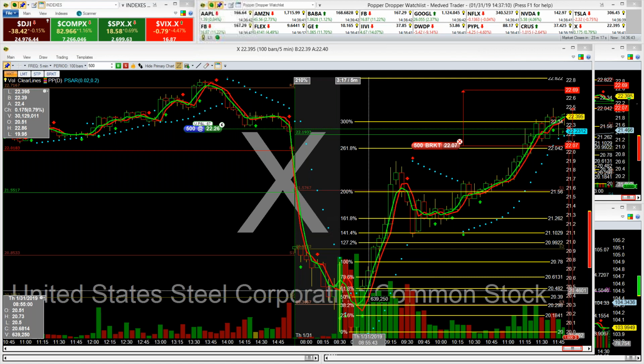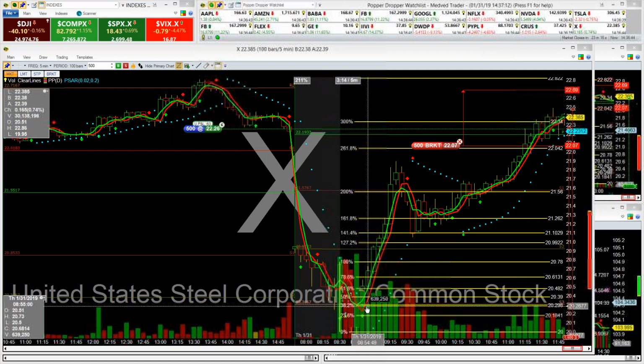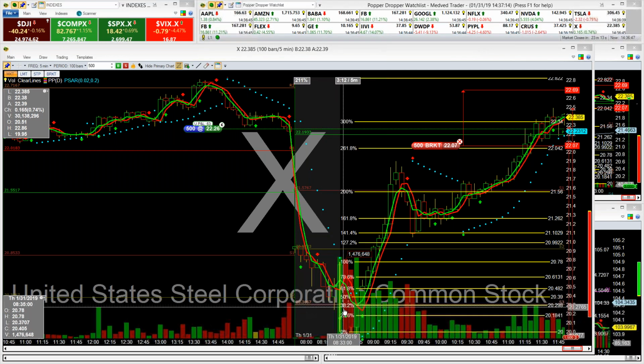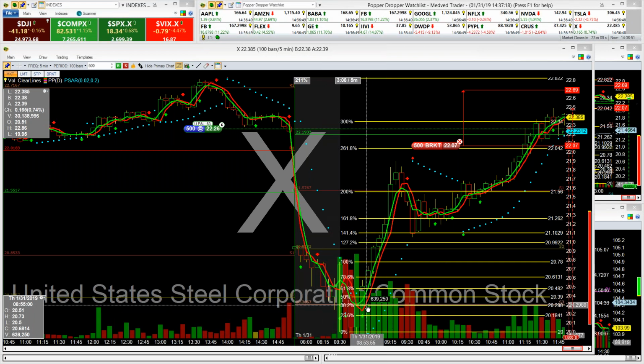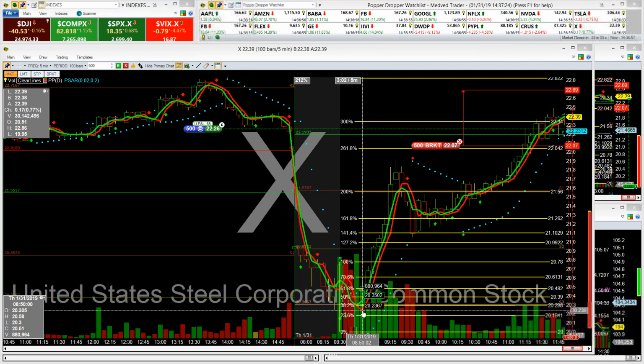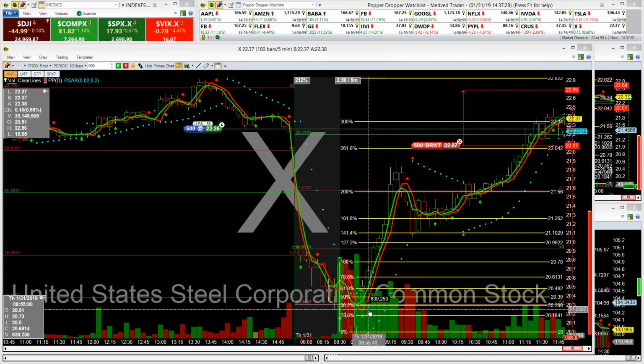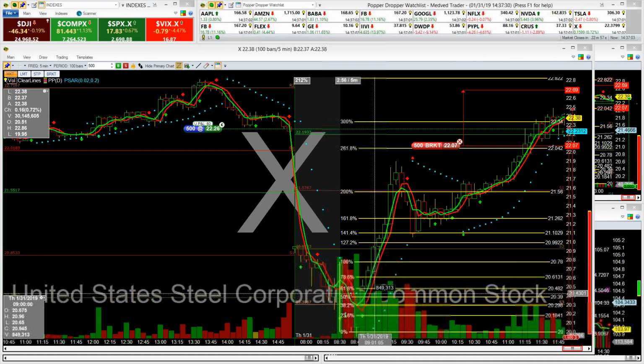We might have put our stop below the 382 at 2029, so let's say 2020, because we're below the quarter. So that's 30 cents. We're risking 30 cents.